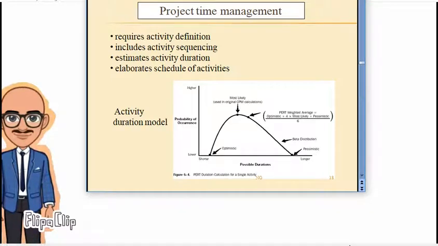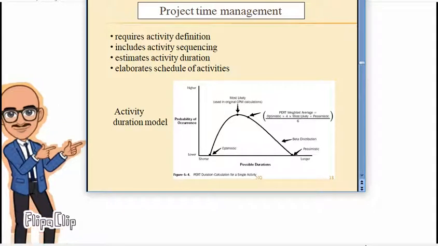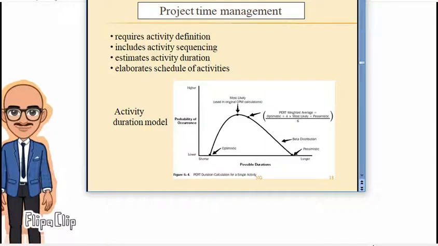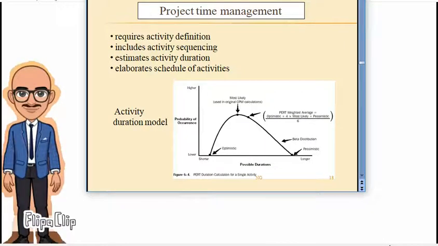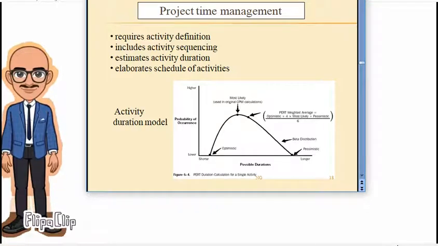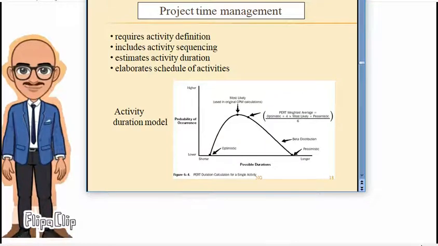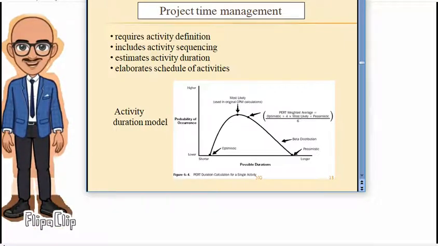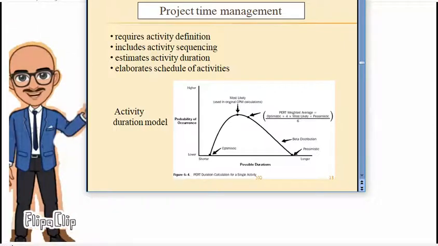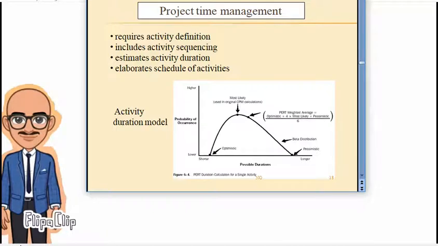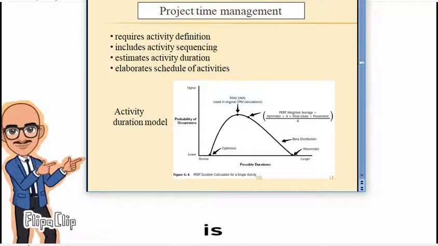In case of PERT, program evaluation review technique, which is the probabilistic model, and most real life problems are probabilistic model oriented, three different times are used for a particular activity to estimate the activity time. But here we are not discussing PERT or CPM, just trying to explain how project time management is important for the project.